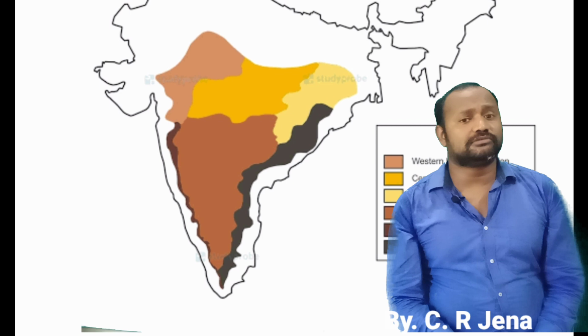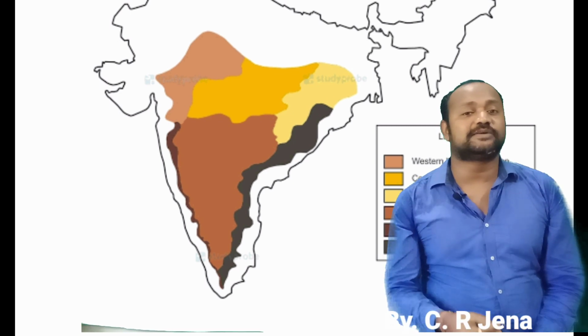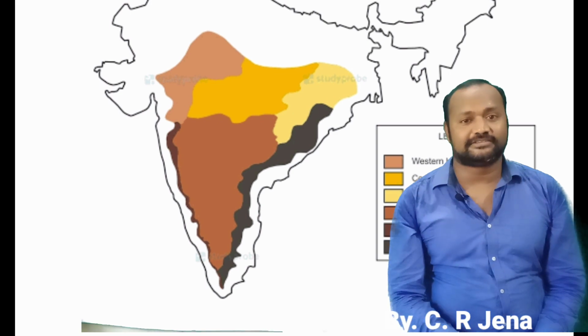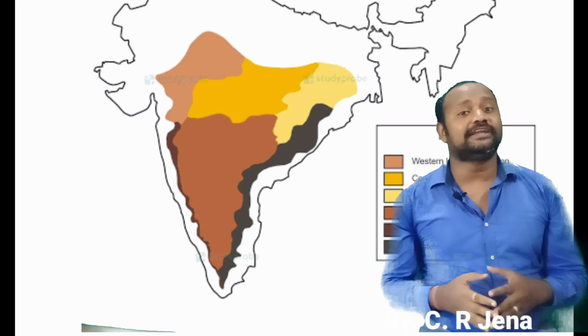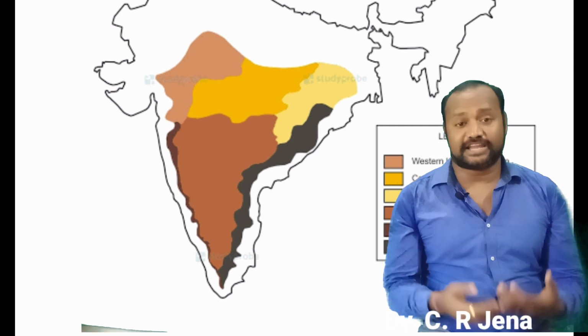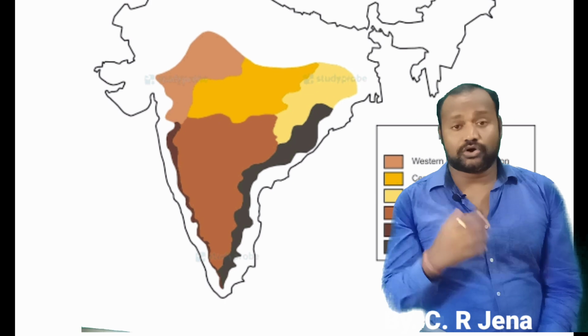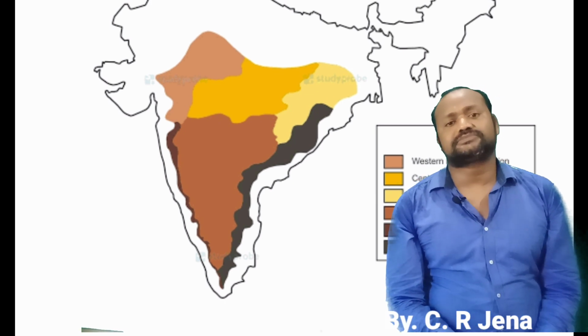Can you remember Gondwana? I have already taught you in the previous class about Gondwana land. From Gondwana land, how different continents got bifurcated, and as you know, our India also got bifurcated from Gondwana land.